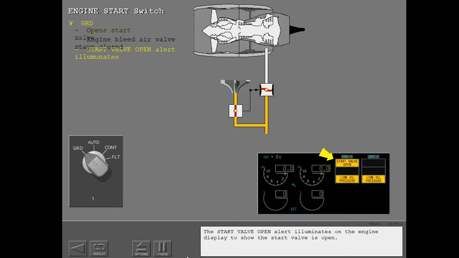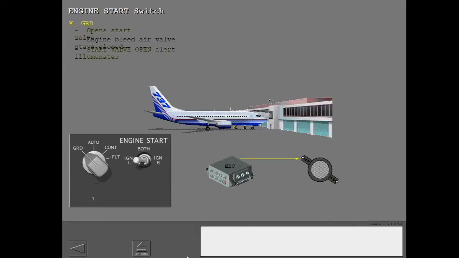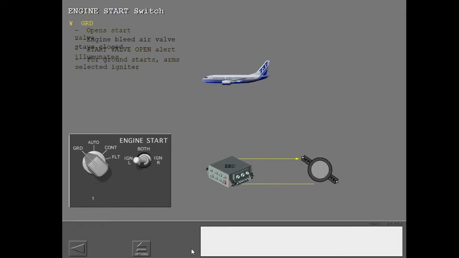The start valve open alert illuminates on the engine display to show the start valve is open. For ground starts, the EEC arms the selected igniter. For in-flight starts, the EEC arms the left and right igniters.